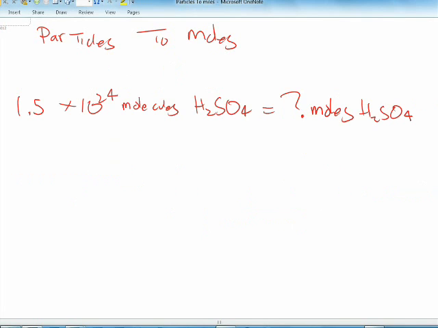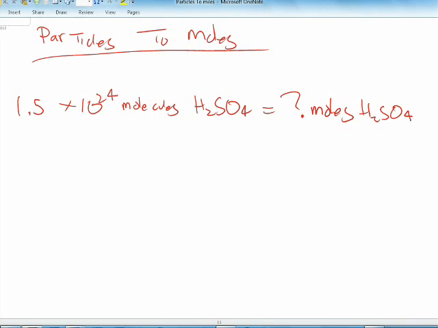What if we have particles to moles again? How about 1.5 times 10 to the 24th molecules of sulfuric acid? How many moles of sulfuric acid? So really, if you've noticed, up to this time, we haven't even needed to look at the periodic table. And you don't, because it doesn't matter. Moles to molecules or moles to particles is really just the same thing for anything.